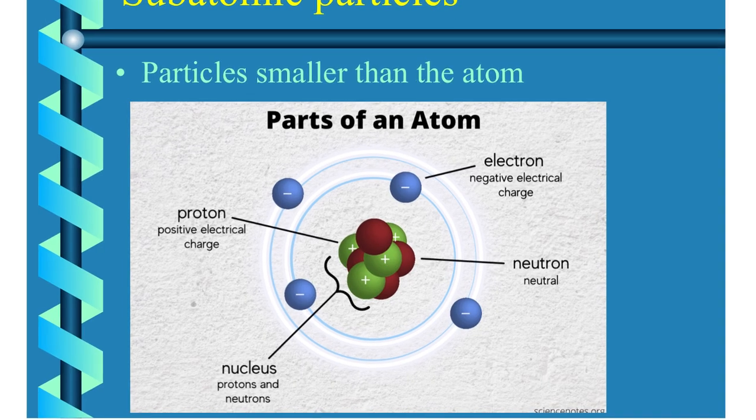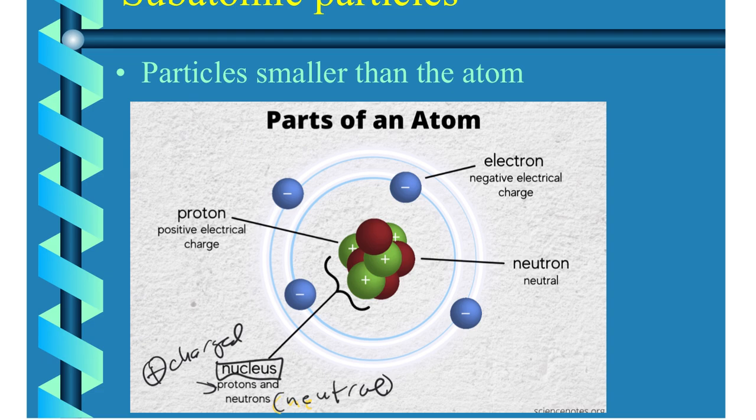Okay, so the nucleus consists of protons and neutrons. Neutrons are neutral. There's no charge for a neutron. But the protons are positively charged. Nucleus, not to be confused with the cell nucleus.